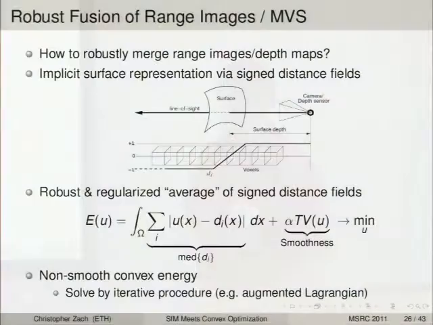So we picked this L1-like data term, which would give you, if you forget about the smoothness, the per-voxel median of the signed distance function you put in. The nice aspect of this is it's a convex program, although it's non-smooth.